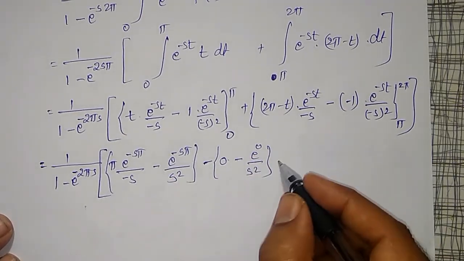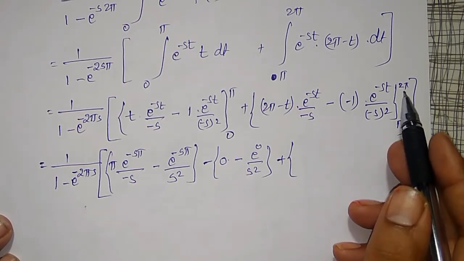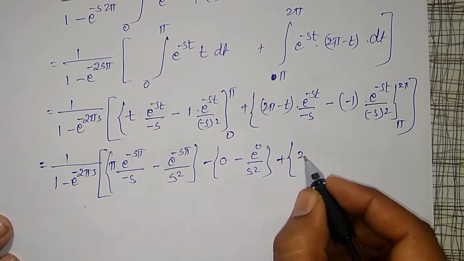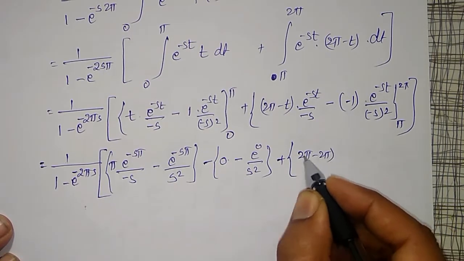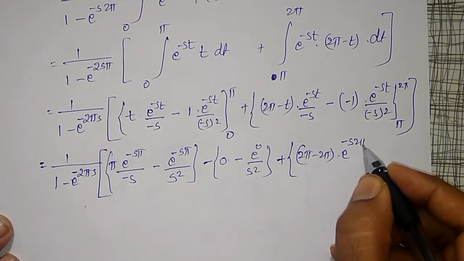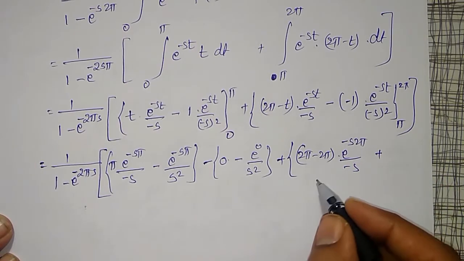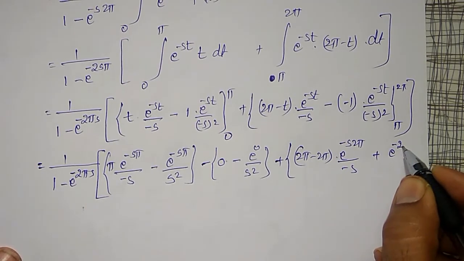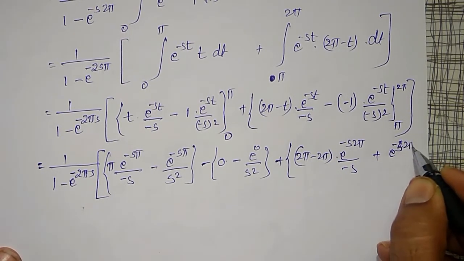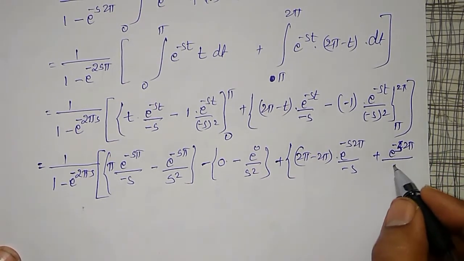For the second term, plus upper limit minus lower limit again. For upper limit, 2 pi minus 2 pi is 0, minus 2 pi into e to the power minus s into 2 pi divided by minus s, minus of minus plus e to the power minus s into 2 pi divided by s square.